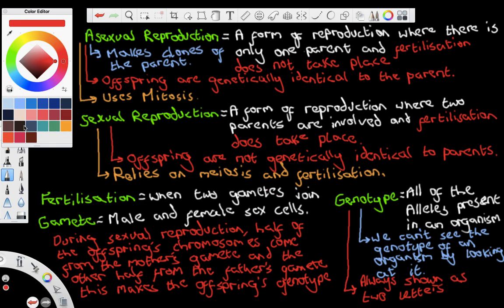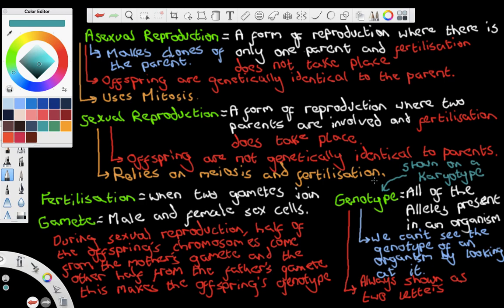I'm just going to add it over here. I'm going to try and use a colour we haven't used. We can say that a genotype is shown on a karyotype. And we would have spoken about that a long time ago, but it's worth mentioning here. So it's shown on a karyotype.